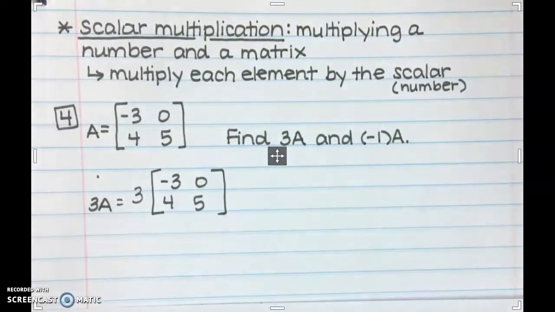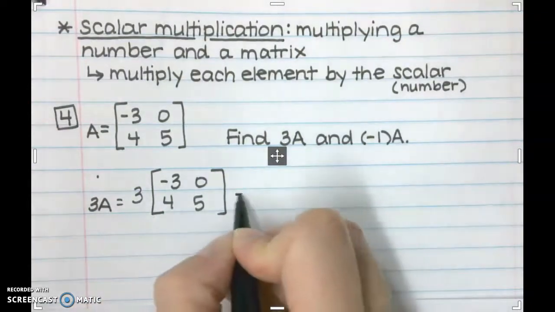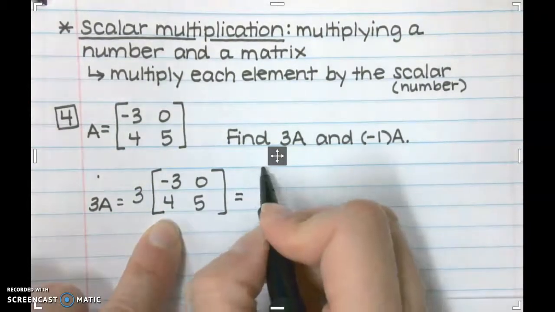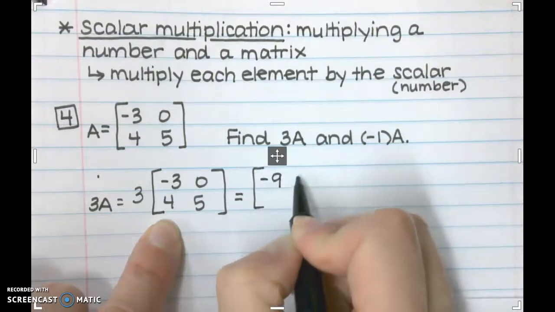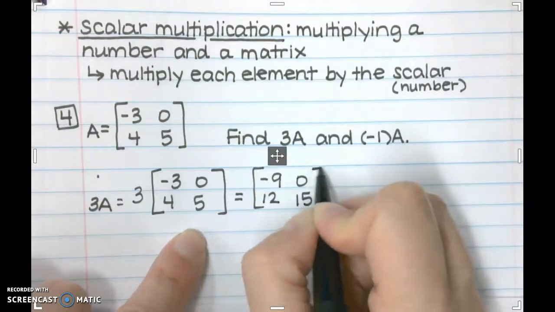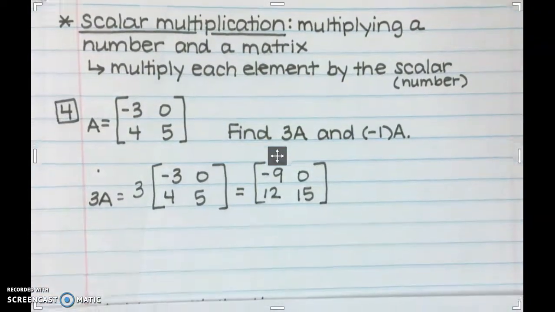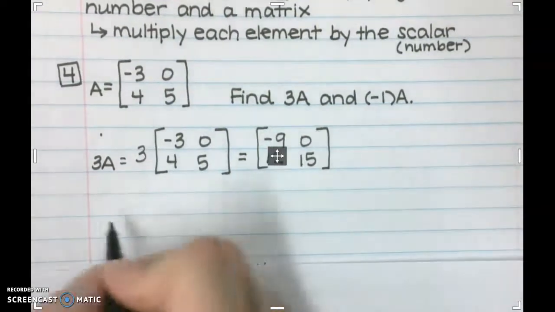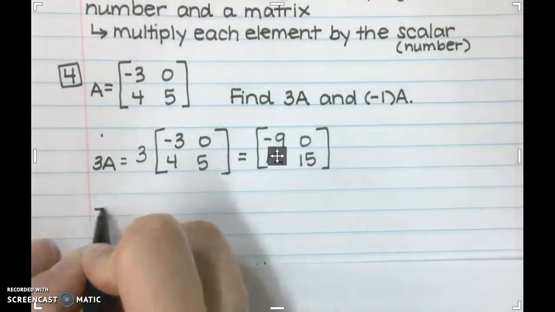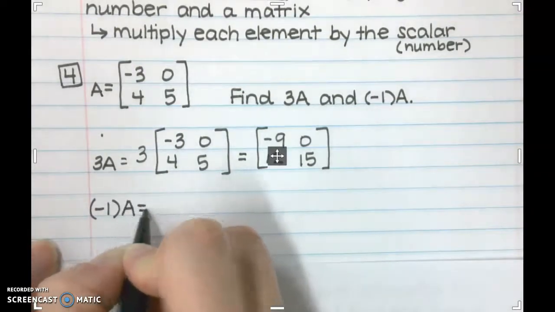I'm just going to go through and scale. I'm going to multiply every one of my elements by 3. So 3A is equal to this matrix: -9, 0, 12, 15. If I want to find -1 times A, same thing.